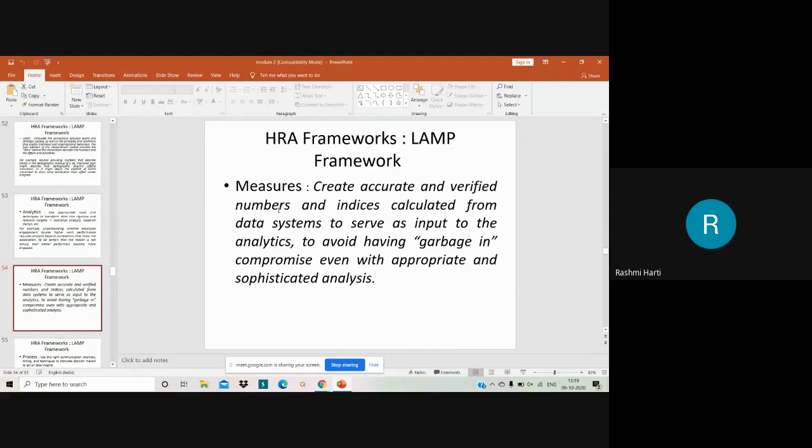When you speak about measures, after you have analyzed the entire thing, you're going to measure the accuracy and verify the numbers. This element indicates getting the numbers right and is very appropriate in HR, as virtually every area of HR has many different measures.